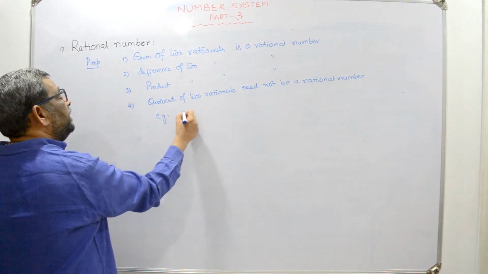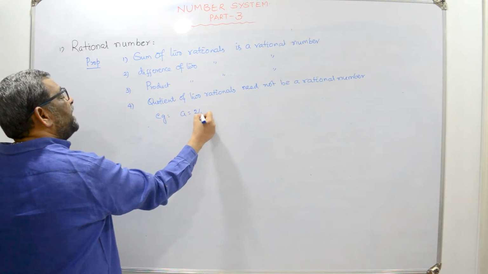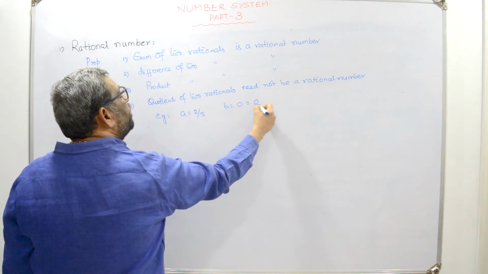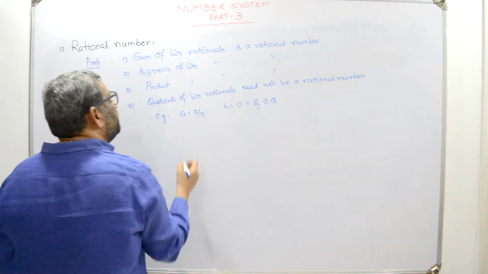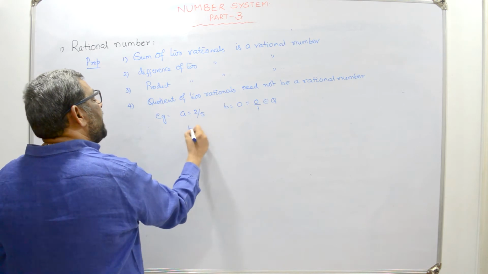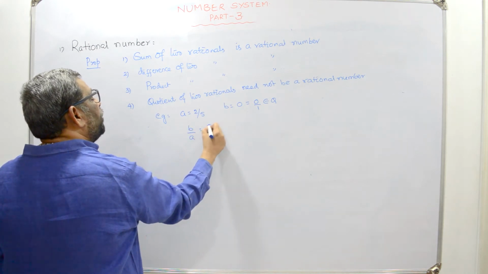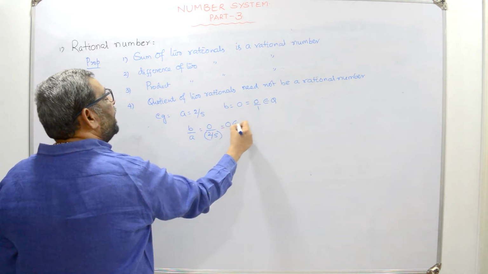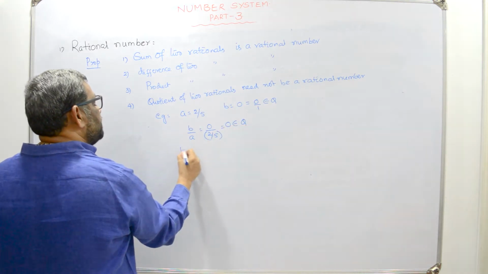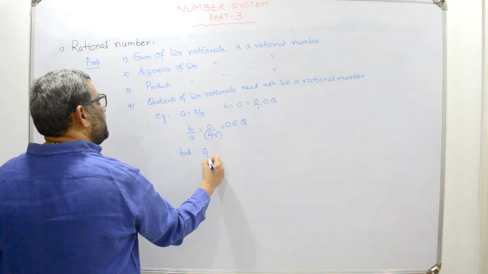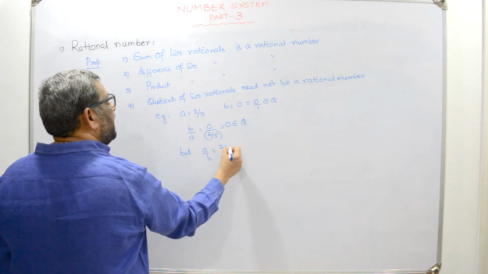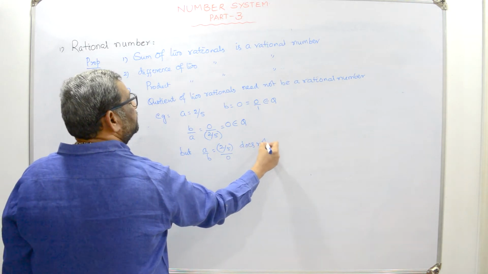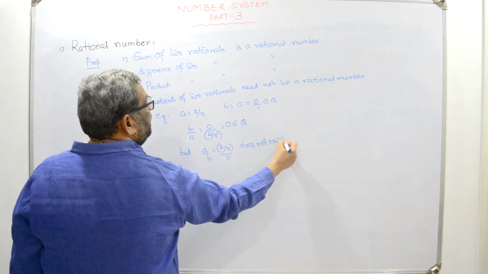Example, A is equal to 2 by 5. B is equal to 0, which can be written as 0 by 1, is also a rational number. Now B by A is equal to 0 by 2 by 5, which is equal to 0, a rational number. But A by B is equal to 2 by 5 by 0, which does not exist.